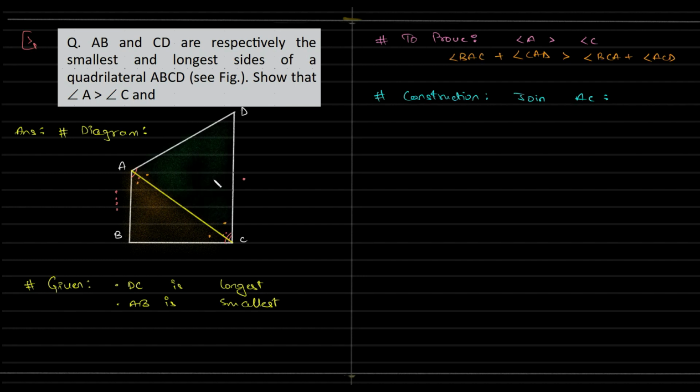Now we have divided our task, right? Proving angle A is greater than angle C, we have divided this task into two parts. How? Well, this is what you guys have to think over. I have given enough clue. Now you guys have to think over.